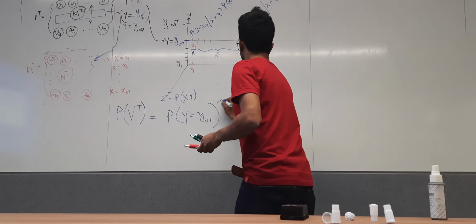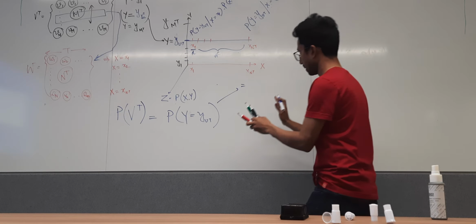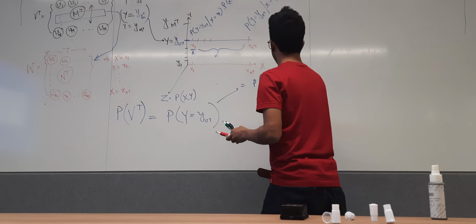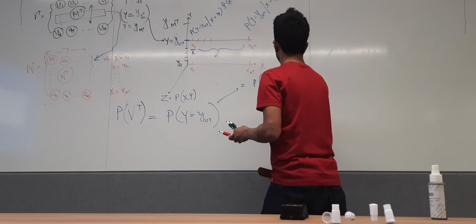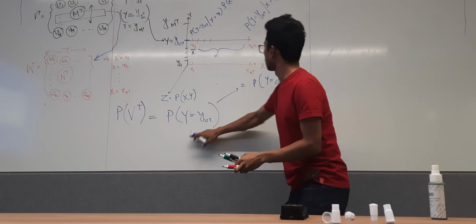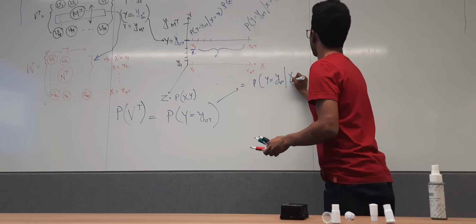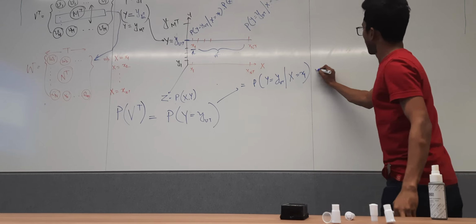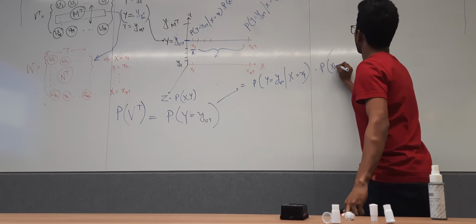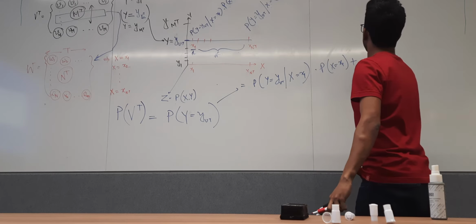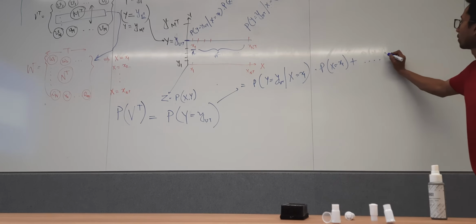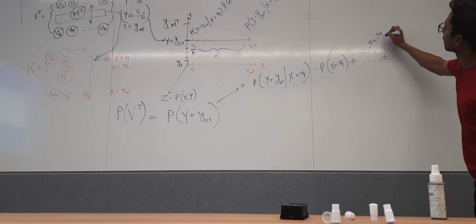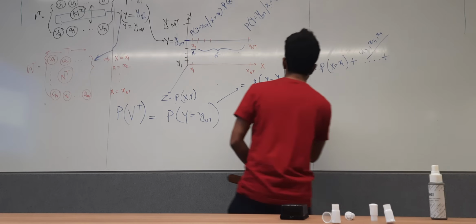This thing will be written as p of y equals y, the probability we are looking into, given we know that x equal to x1, and we have to multiply it by p of x equal to x1, and we have to go on. We will do x2 here, x3 here, x4 here, and so on.